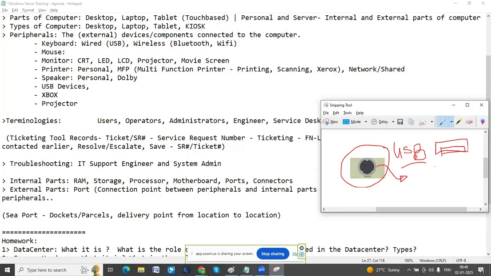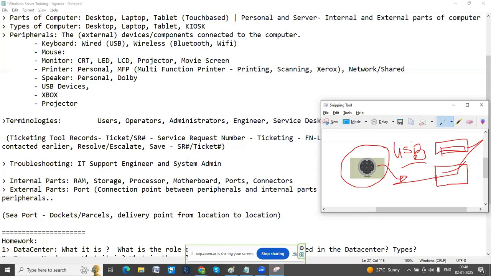Again, USB types are there: USB A, USB B, USB C type. Getting my point? So you can find the USB port in the mobile. Mobile connection port is there. C type mobile is there. C type charger is there. B type charger is there. A type charger is there. Again, types are there. Size varies, speed varies.